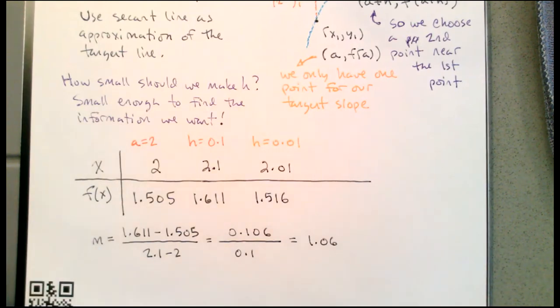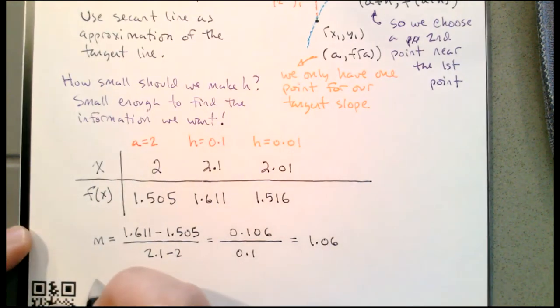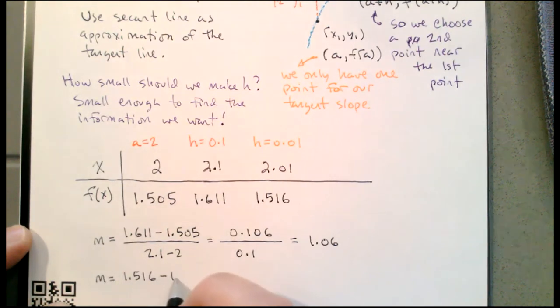And then we'll calculate the slope again. So the slope is 1.516 minus 1.505, divided by 2.01 minus 2.